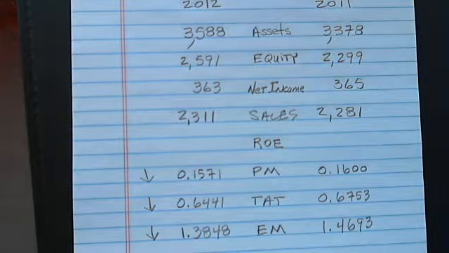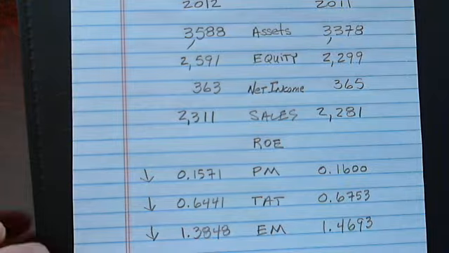Because remember, we said in class two of these components can increase, and yet ROE will fall. But here all three fall. So we know that ROE has to be lower in 2012 than it was in 2011, and we can get this one of two ways.